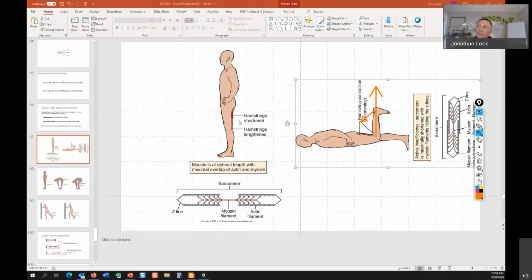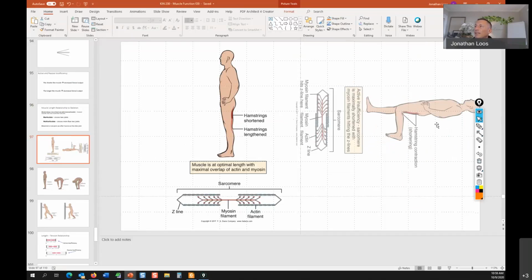Conversely, if I wanted to be in a maximally lengthened position, like I wanted to stretch my hamstring, you would flip this person. I'd be on my back here, and I'd keep my leg as straight as possible, and I'd try to bring a straight leg raise. So my leg would be sticking up here, and I'd be trying to bring it as far as I can. And now I'm maximally lengthening because I'm flexing at the hip, and I'm locked at the knee.